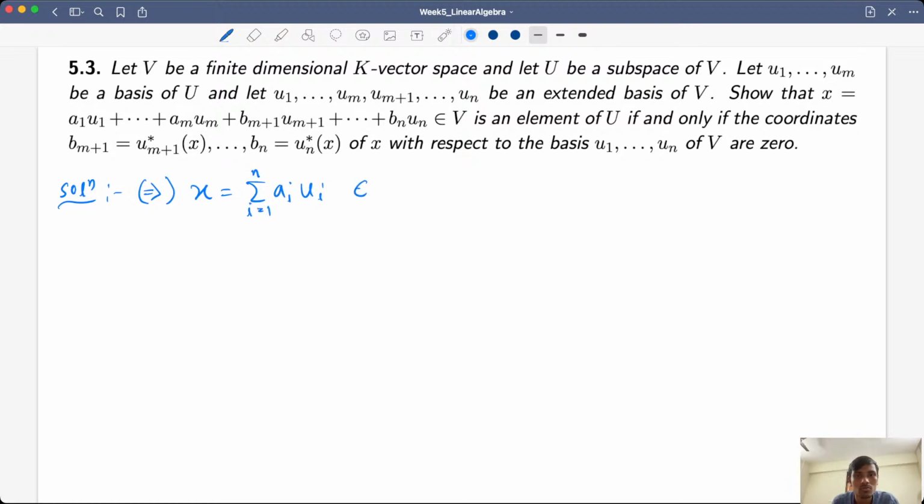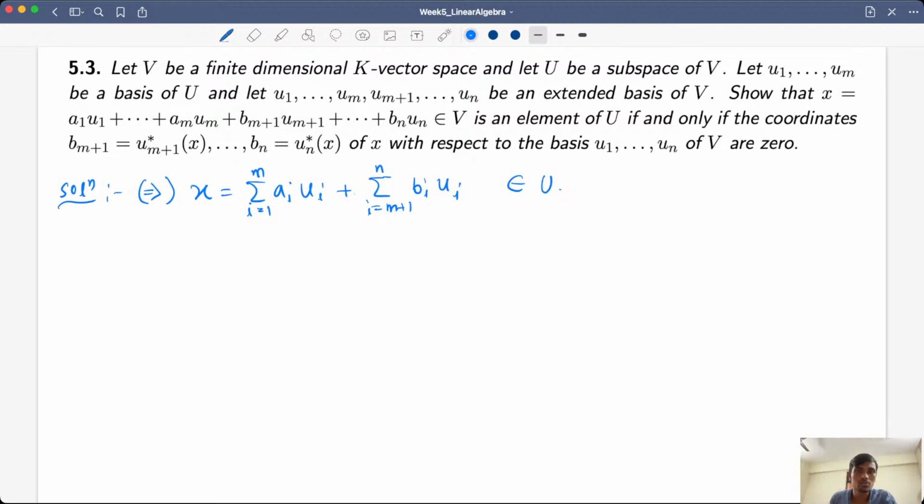This obviously belongs to V, but let's say it belongs to U. Then x is the sum of ai ui from i equal to 1 to m, plus the sum of bi ui from i equal to m plus 1 to n.